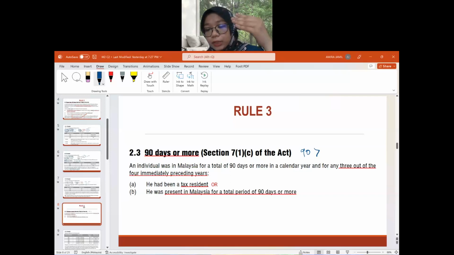For example, if he stays here less than 182 days, but he stays in Malaysia 90 days or more for 3 out of 4 years of assessment, then the individual can be considered as tax resident too, for the year.